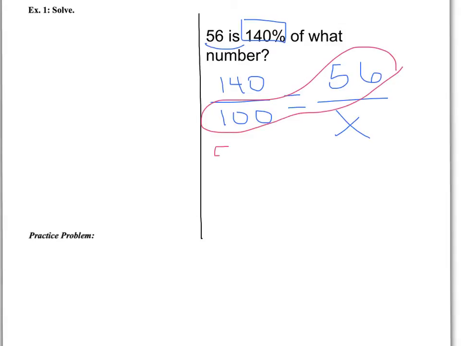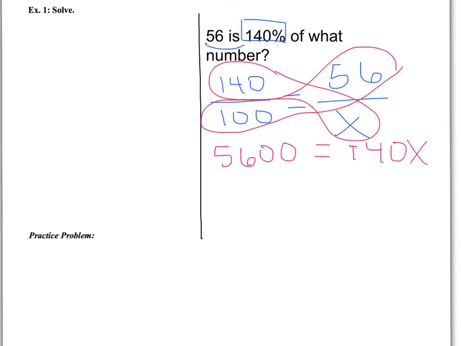Again, I'm putting my cross product skills to work, and I am going to multiply 56 times 100, and 140 and x. So I have 5,600 equals 140x. I'm going to look at the side with the variable, so I know to divide by 140.